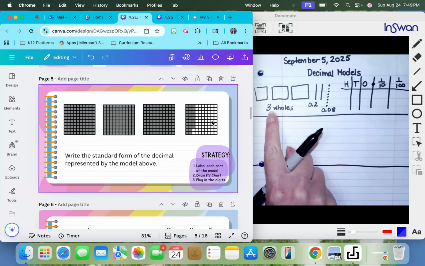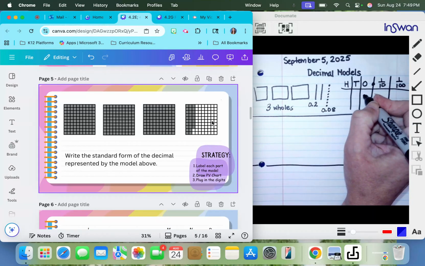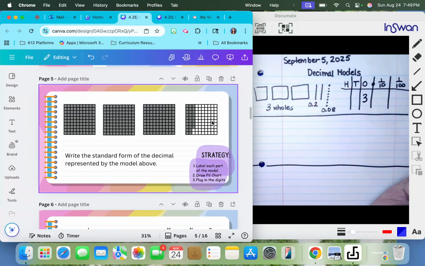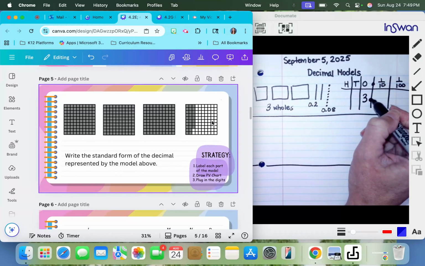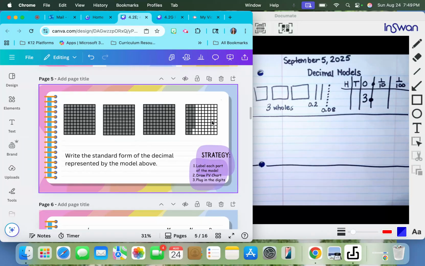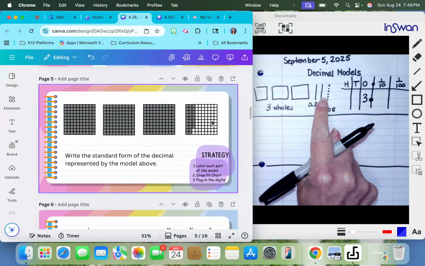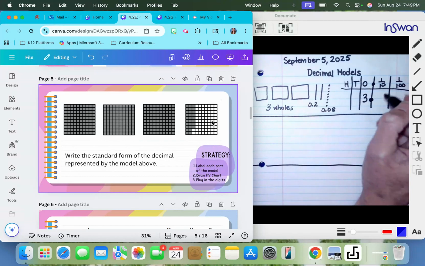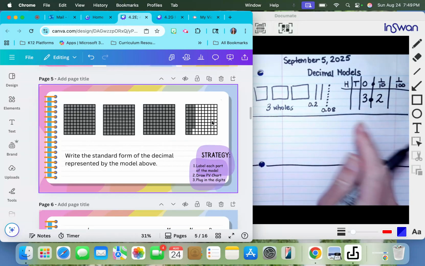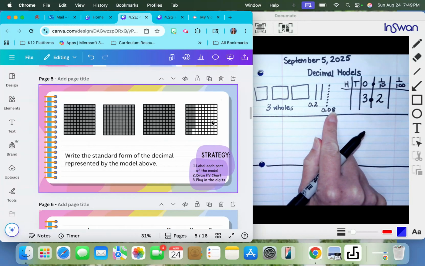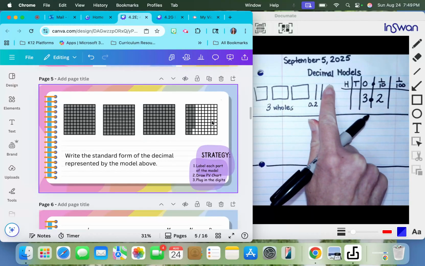Well, we have 3 wholes. And so that would go in our ones place. Decimal point. And then how many tenths did we have? We had 2. And then how many little hundredths? We had 8.